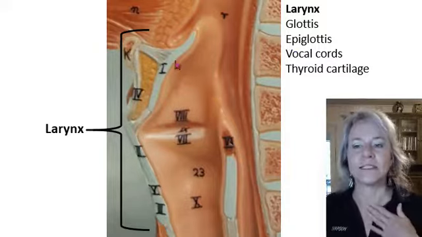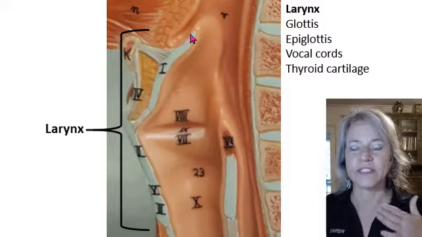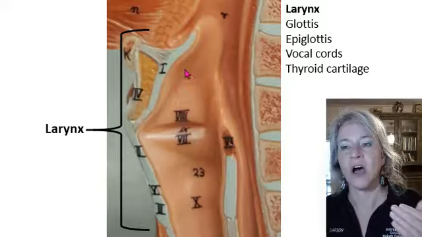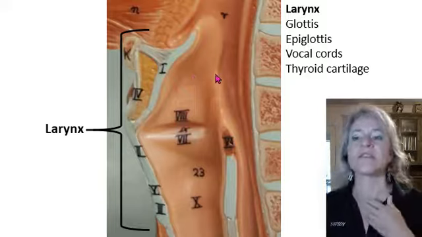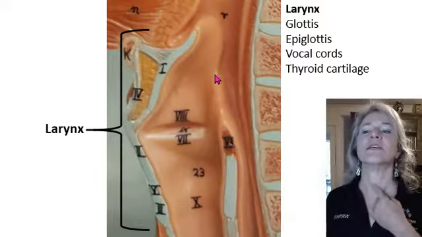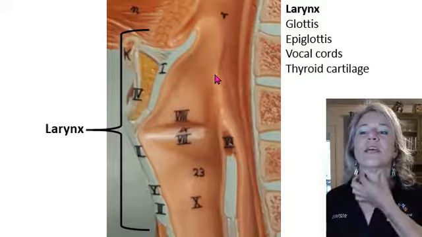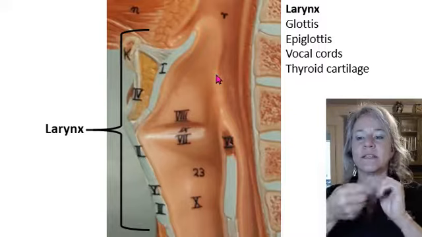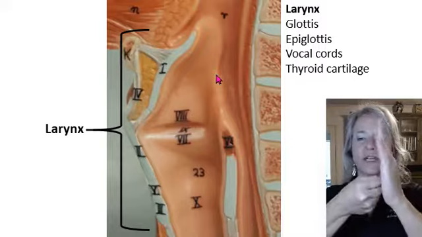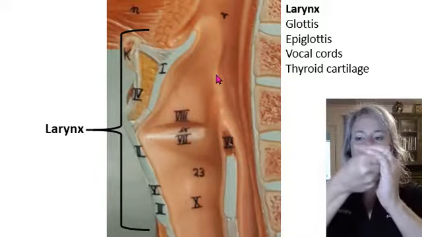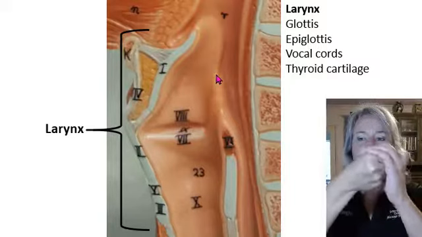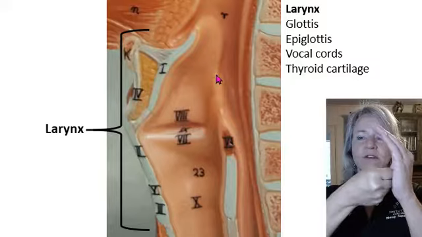Now, this little flap of epiglottis doesn't just fold down and close off the glottis. What happens is when you swallow, the larynx moves up, here's your epiglottis, the larynx moves up and then it closes. So it goes like this. The larynx actually moves up instead of going like this.